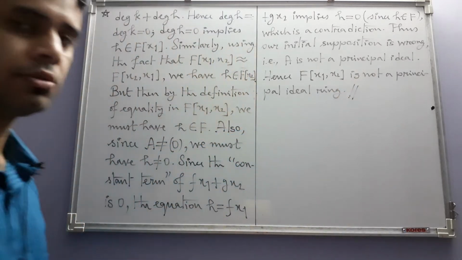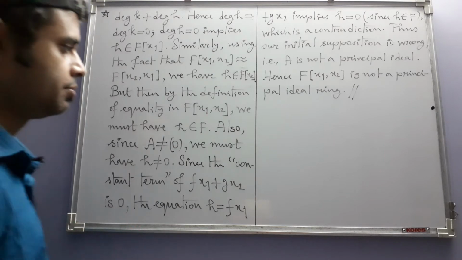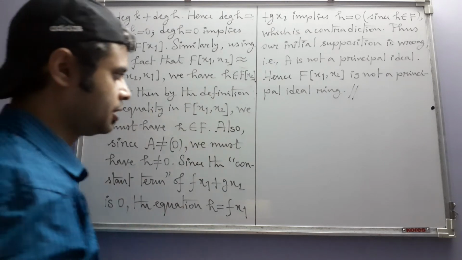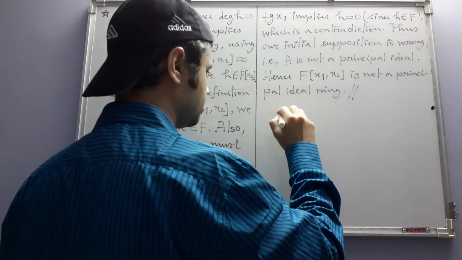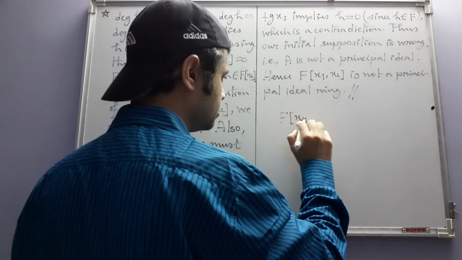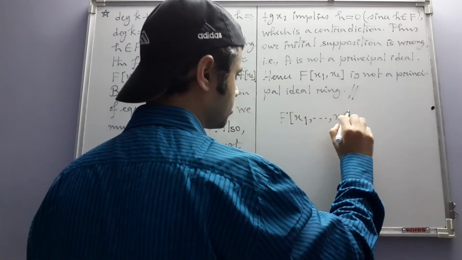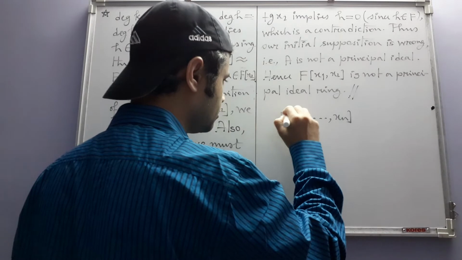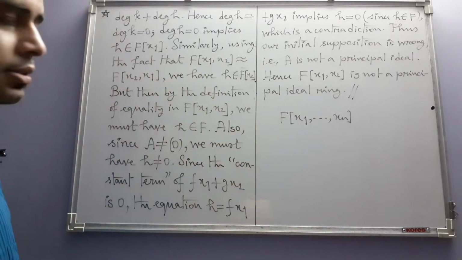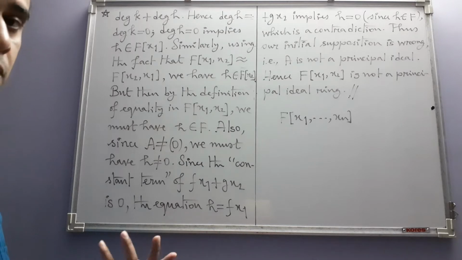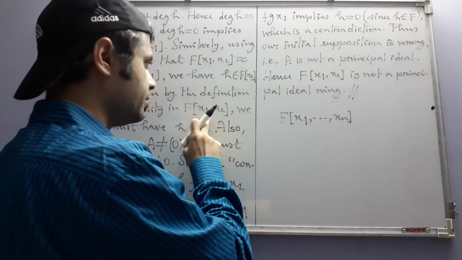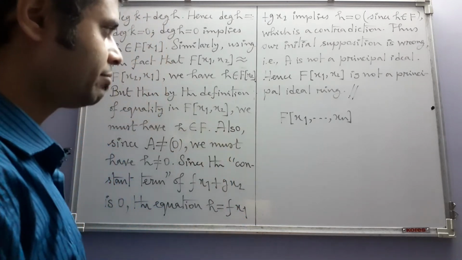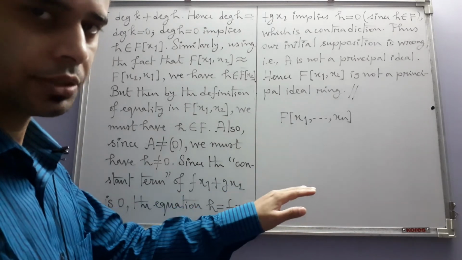Now, what is the consequence of this exercise? Note that while discussing these multivariate polynomial rings, we mentioned the fact that this type of rings are not necessarily Euclidean rings. Now, because of this exercise, we can say that for sure this particular ring is not a Euclidean ring. Why? Because in the theory of Euclidean rings, we have seen that every Euclidean ring is a principal ideal ring.